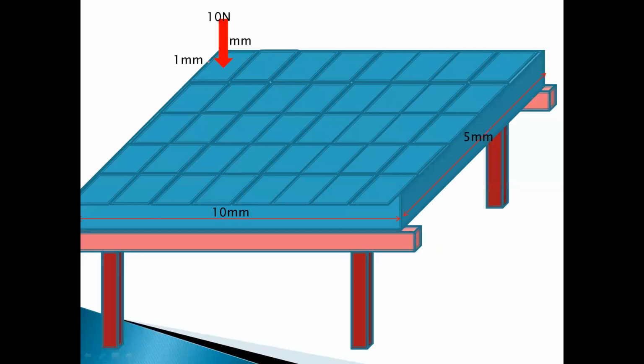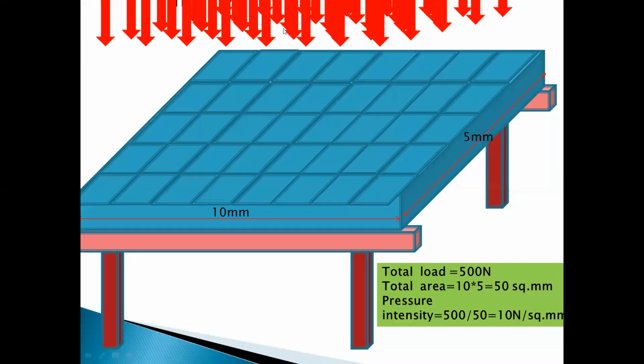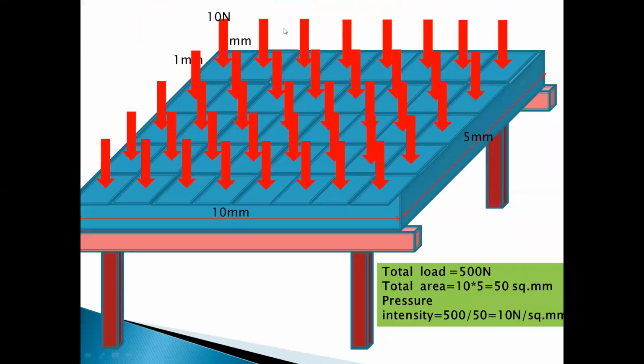If you consider a small piece of this floor, made up of 1 by 1 millimeter, the material in this area will have a weight equal to 10 newton. Each such area will have the same weight, 10 newton. So this is called a distributed load.